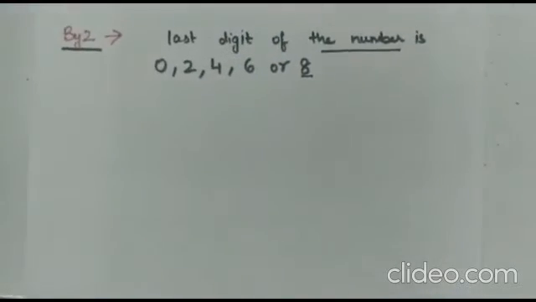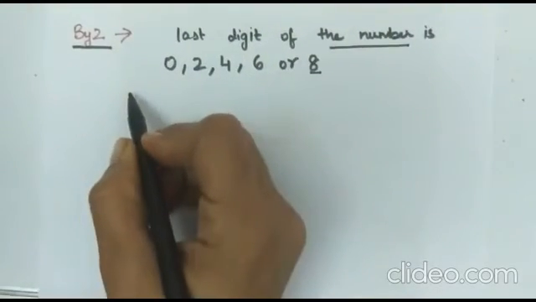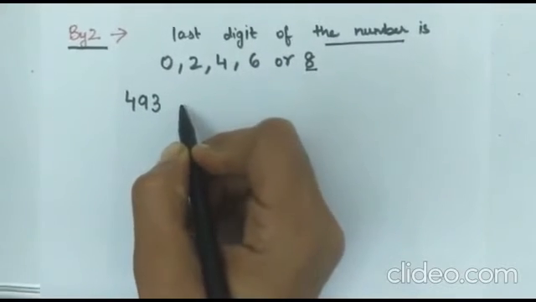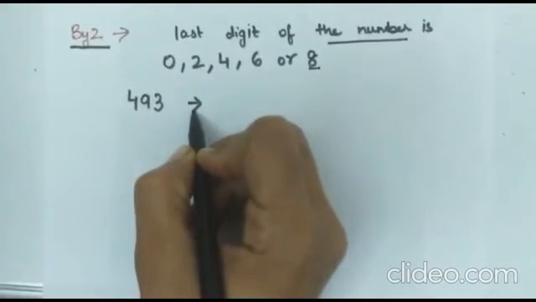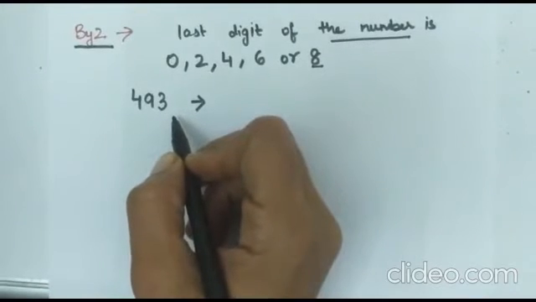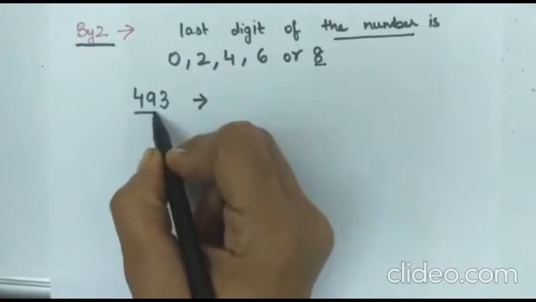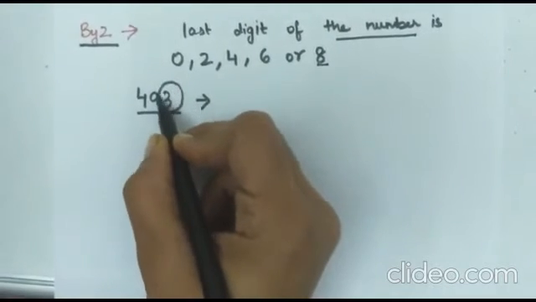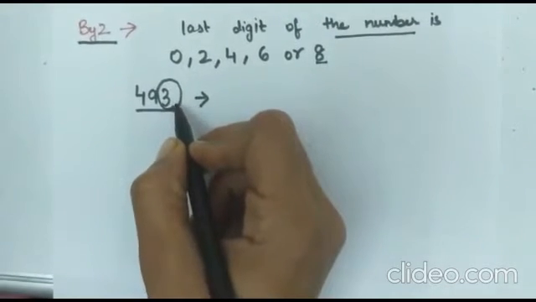Suppose I have to check whether 493 is divisible by 2 or not. Think, children. Yes, this is not divisible by 2. Why? Because the last digit is 3.